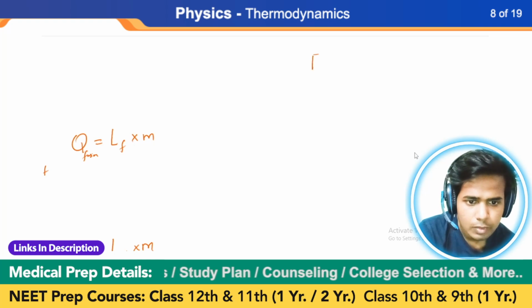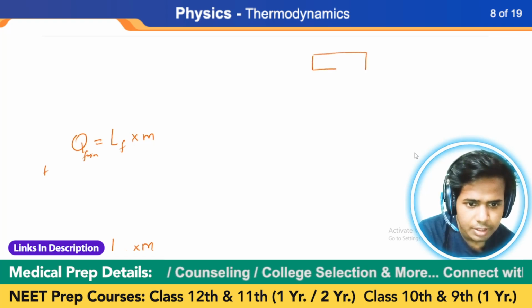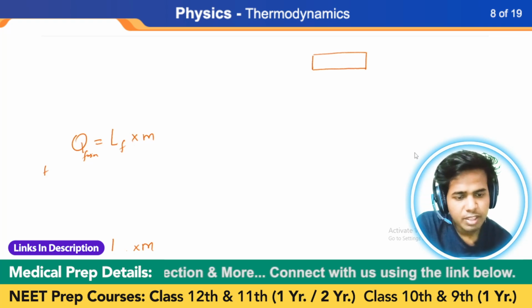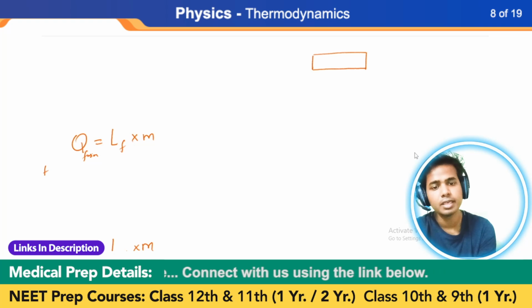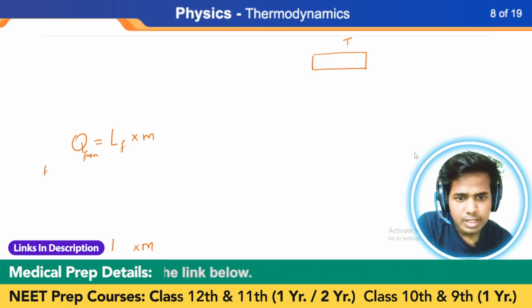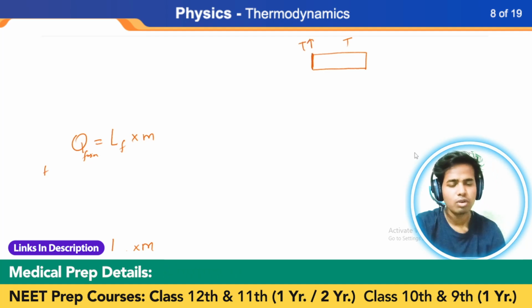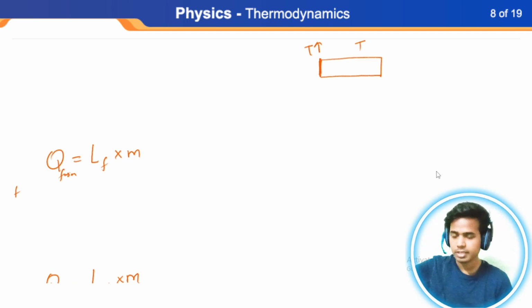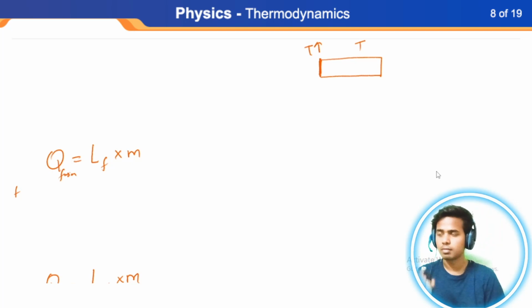See, let's say you have this object and both of them were initially at a certain temperature T. What you do is raise the temperature of this side. What will happen? The heat will transfer. Why? Because there is something called conduction of heat. When molecules are in contact with each other, there is something called conduction.